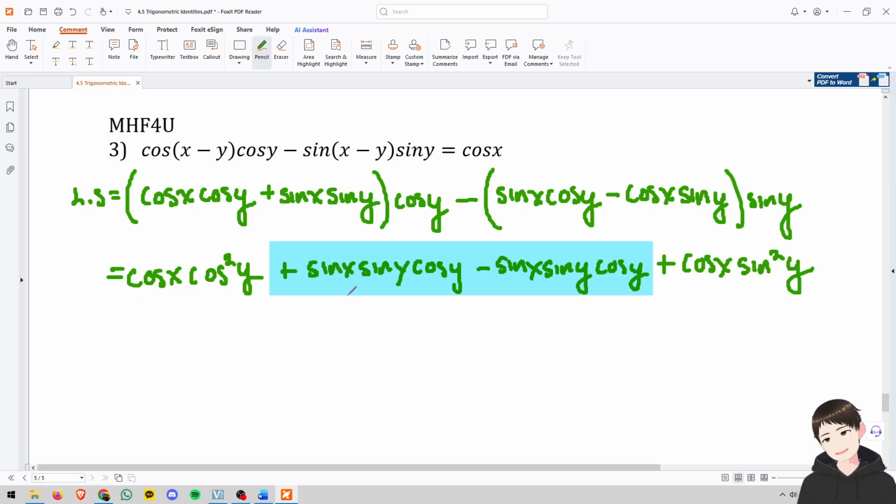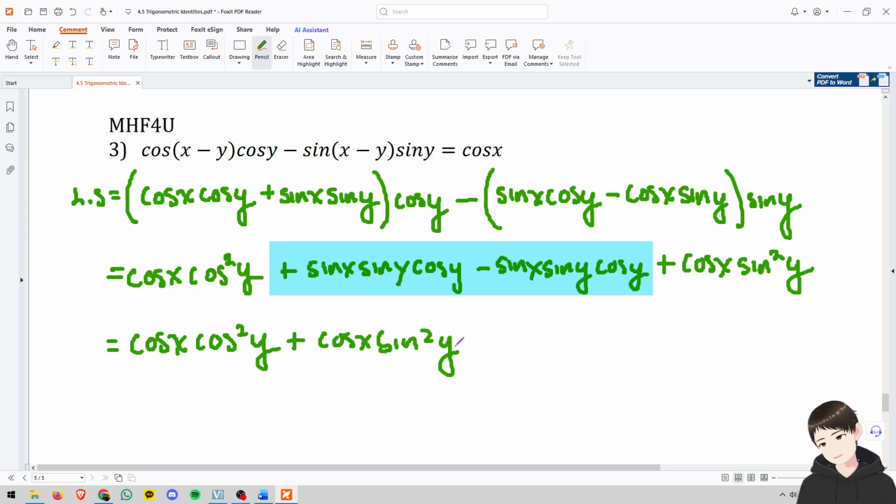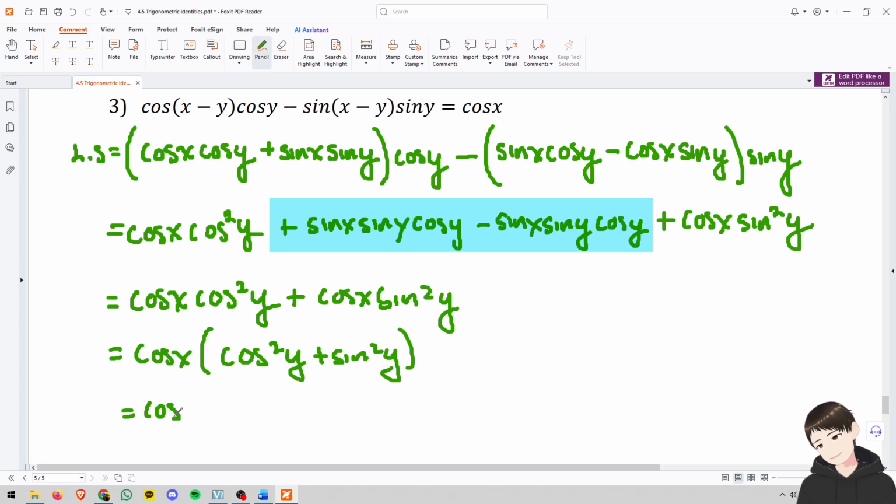They're exactly the same, but opposite, so they cancel. You are left with cos x cos squared y plus cos x sine squared y. You factor out the cos x, leaving you with a Pythagorean identity that equals 1. All you're left with is cos x equals cos x.